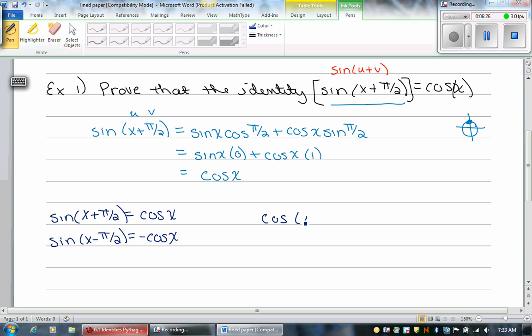And we have cosine of x plus pi over 2 equals negative sine x. And cosine of x minus pi over 2 equals sine of x. Okay, so these are cofunction identities.